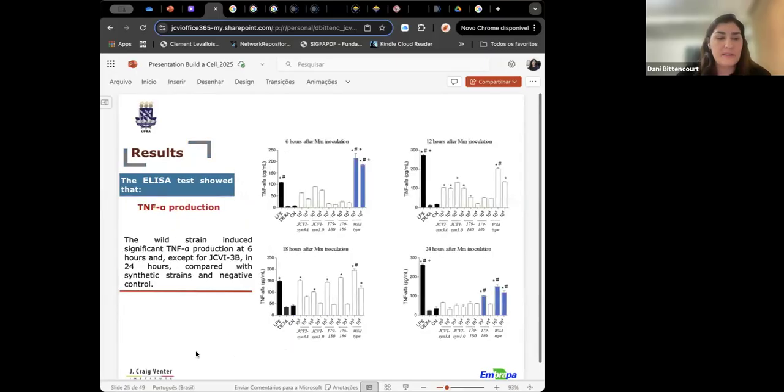The same way for interferon alpha and TNF alpha, we can see more or less the same responses, except that 24 hours after, it was pretty low. But anyway, we are thinking that maybe 12 and 18 hours could be better time frames to evaluate this, because after 24 hours, maybe the cells were normally dying.